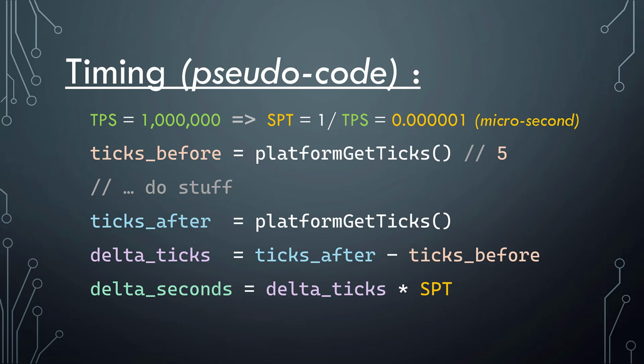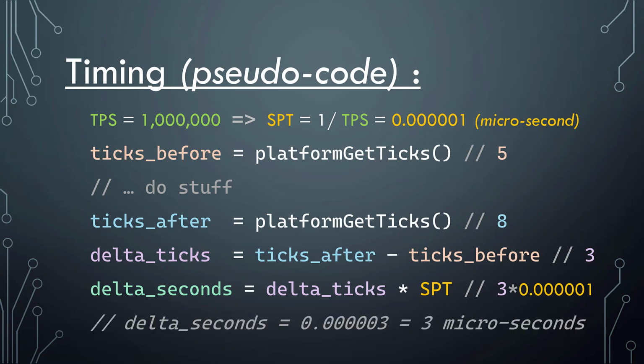Say before we had 5 and after we had 8 ticks, so we took 3, and we multiplied that 3 by our microsecond, and we have 3 microseconds.